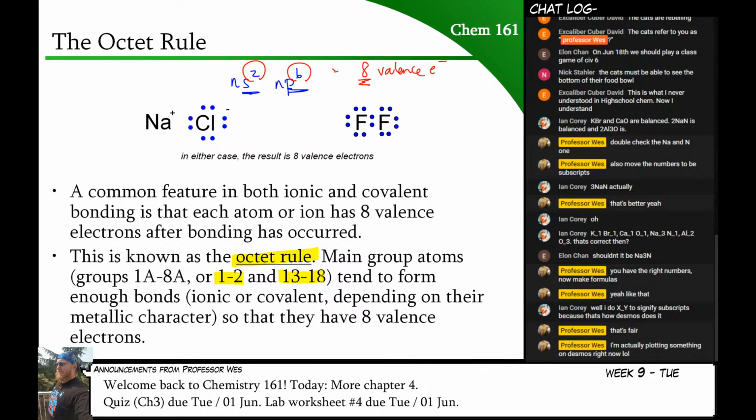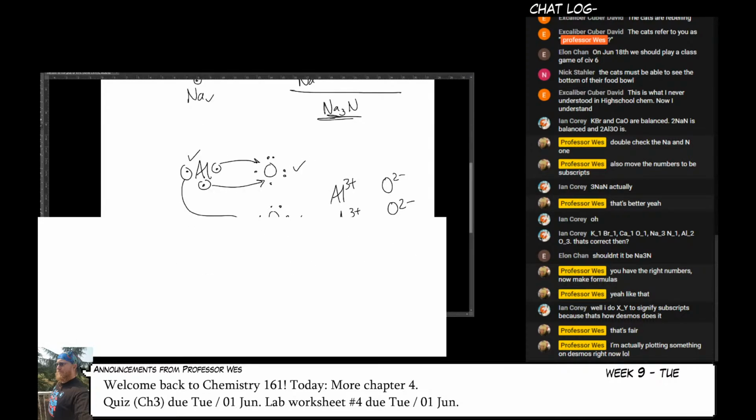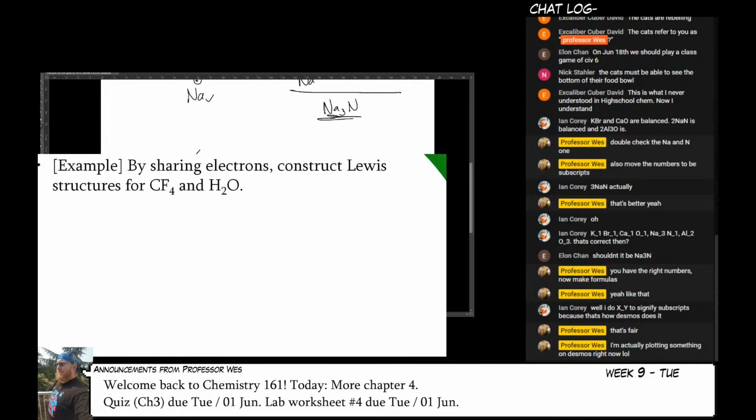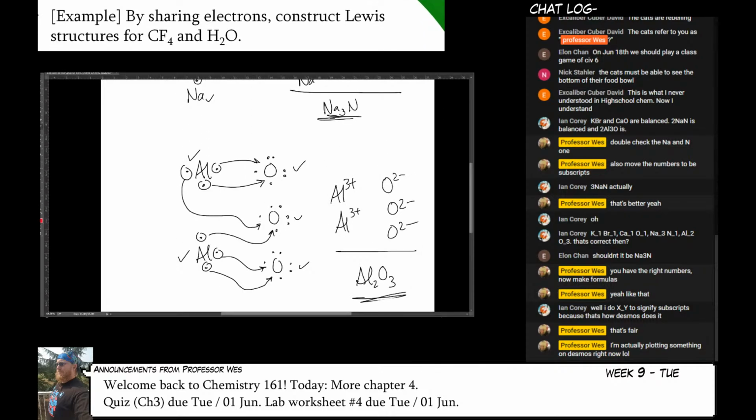So again, our goal is to get 8 dots around everything. Lines count as 2 dots. So let's do an example for CF4 and water. We're going to show that we can do this connect-the-dots strategy so that we can make a structure that represents what we see.